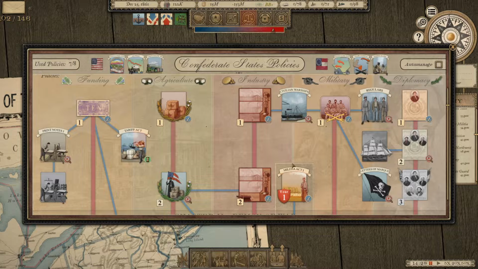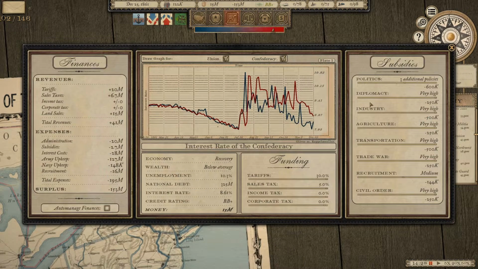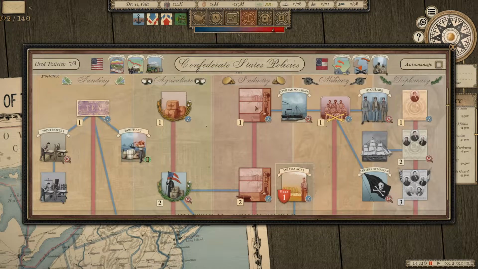All right, the next thing I'll talk about is the order of policies you might want to think about, or at least the policies you might want to think about going for in 1861. The manual says that if you max out the politics subsidy, it allows the researching of policies to go faster, right?